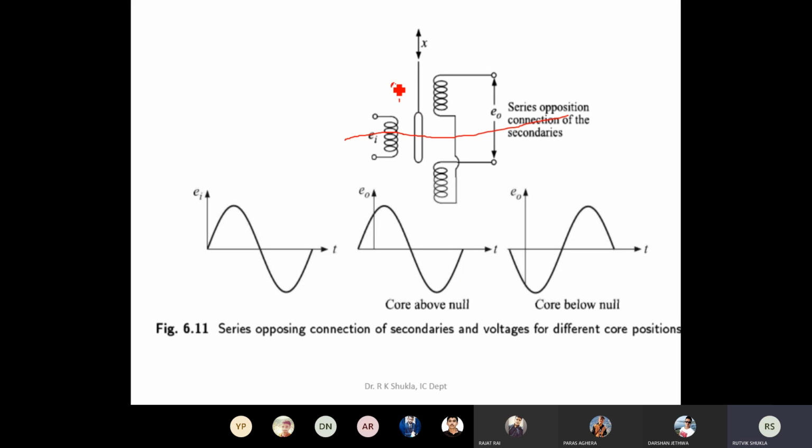If you go on the upward side and reach over here, this is the point where you are getting maximum output. If you take this core further away from this maximum point, then the core is neither present between the primary and first secondary, nor between the primary and the second secondary.